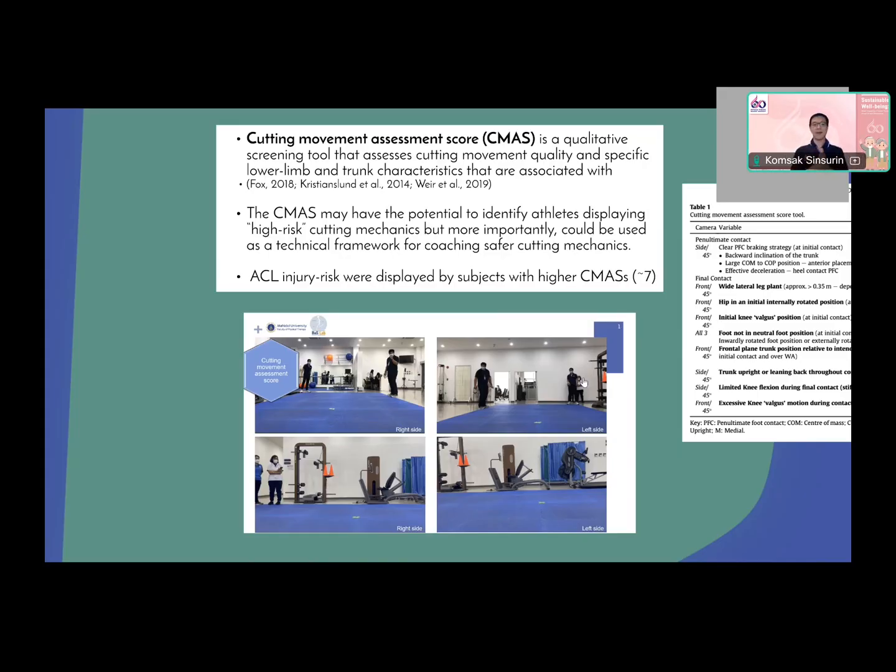This is the benefit that we get from the assessment: to compare round 1 and round 2, and observe any item that changes from present to absent, or absent to present. So it's pretty helpful. The cutoff score for the CMAS, they suggest a score of 7 to identify a high risk of non-contact ACL injury.